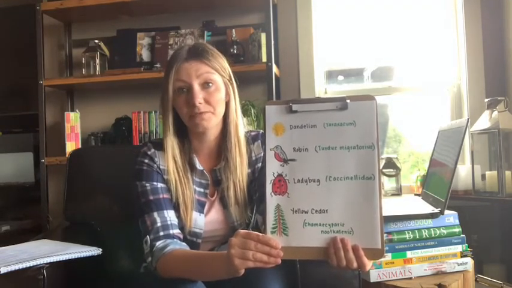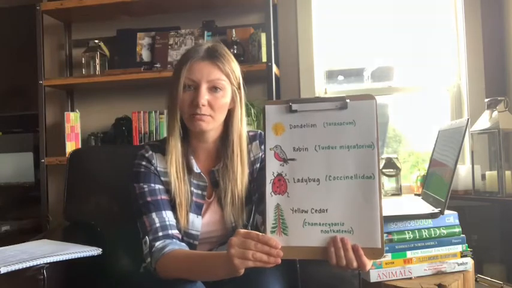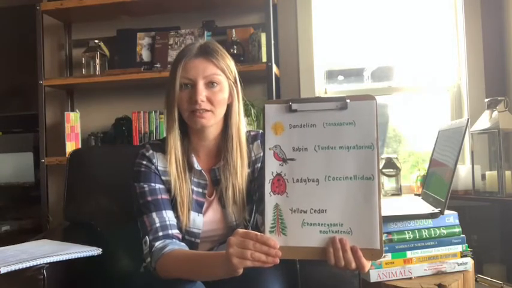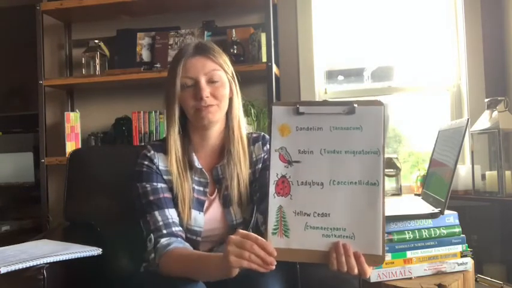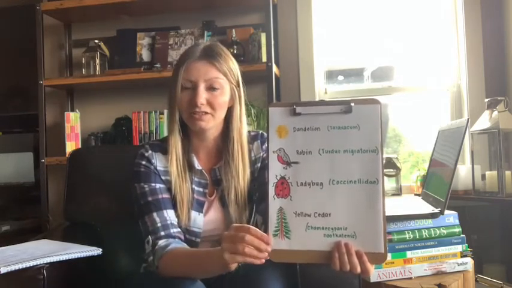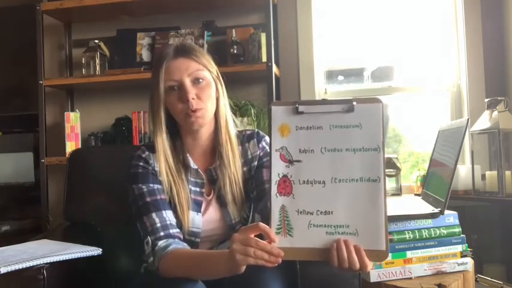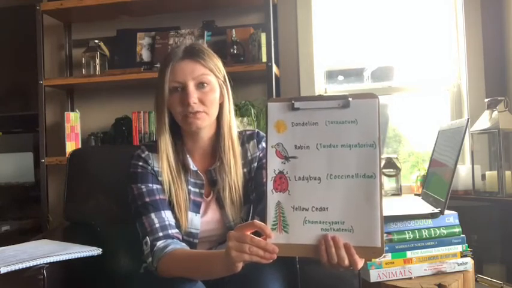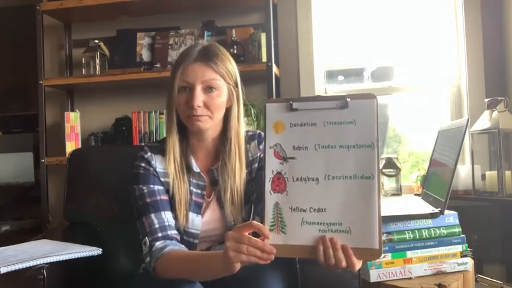That is an observation we could make about an animal. If it has wings, you know it probably can fly. So just by looking at some of those features, we start to understand some of the ways that these animals live and some of the things that they can do.